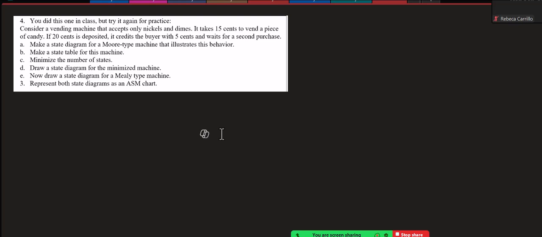So let's think about what our states would be. I'll start with S1, and we'll talk about how much money is in the machine and whether or not it dispenses candy. I know I'm going to start off with S1, S2, and S3, and you can only put in one coin at a time.